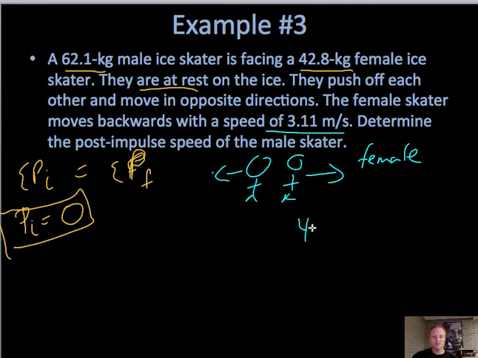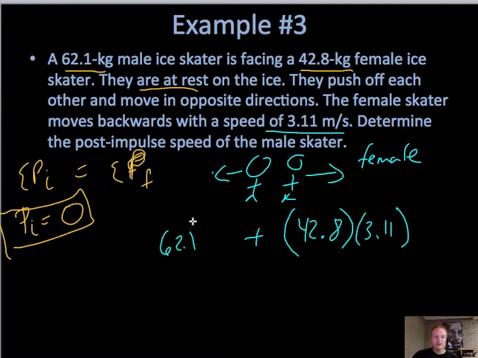So I'm going to take 42.8 kilograms times 3.11. That's just m times v, mass times velocity of the female. Now the male skater is going to be its mass, which is 62.1, times the velocity, which we don't know. We're trying to figure that out, right?